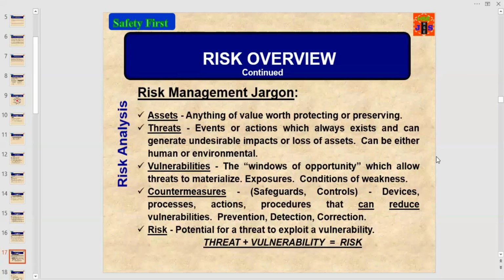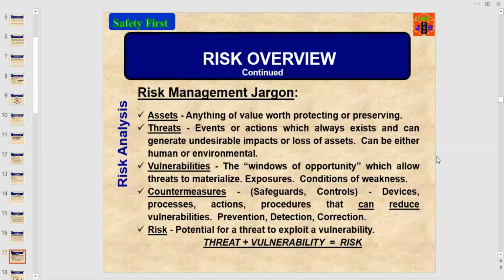The windows of opportunity which allow threats to materialize, exposures, conditions of weakness. What is the meaning of countermeasures? Safeguards, controls, devices, processes, actions, procedures that can reduce vulnerabilities: prevention, detection, correction.